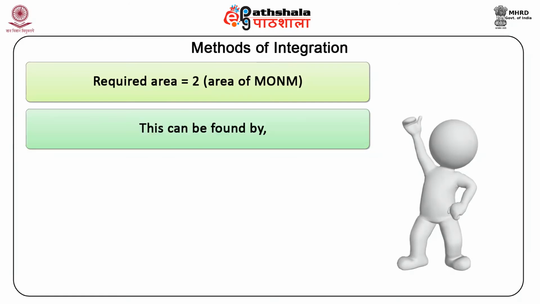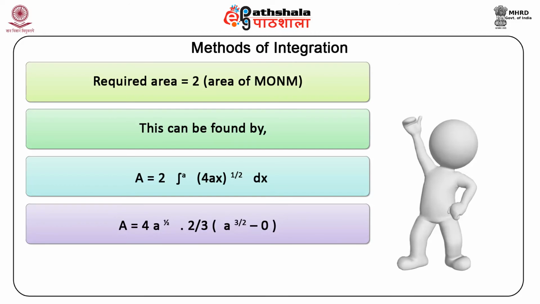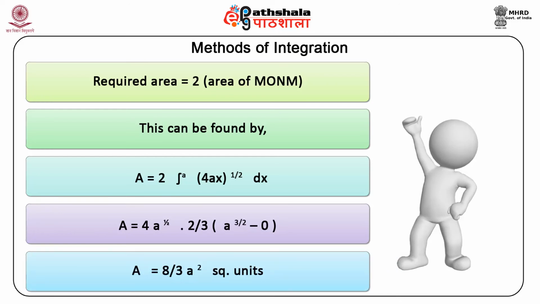This can be found by A equal to 2 integration from 0 to a of (4ax) raised to the power of half dx. A is equal to 4a raised to the power of 1 by 2 into 2 divided by 3 a raised to the power of 3 by 2 minus 0. A is equal to 8 divided by 3 a squared square units.